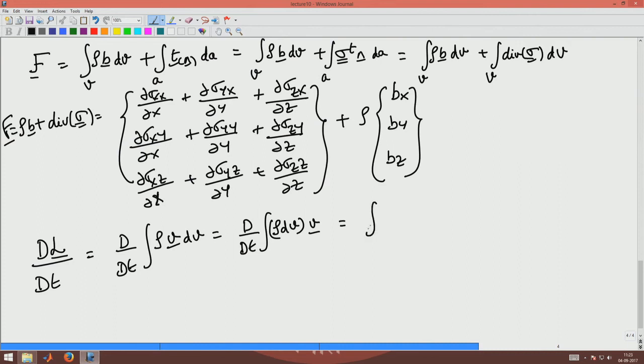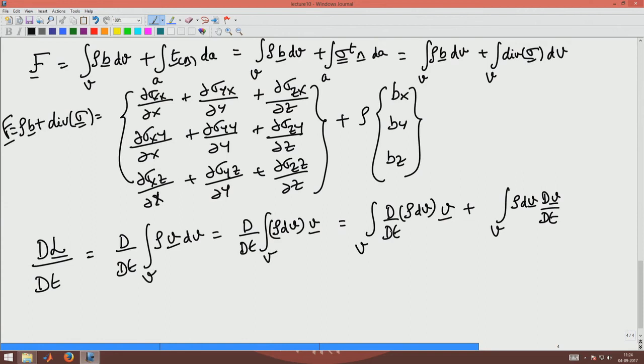So, I can rewrite it as d by dt of rho dV times v, plus integral of rho dV times dv by dt. In a chemically non-reactive system, rho dV, that is the mass of the system, does not change. So, this goes to 0.